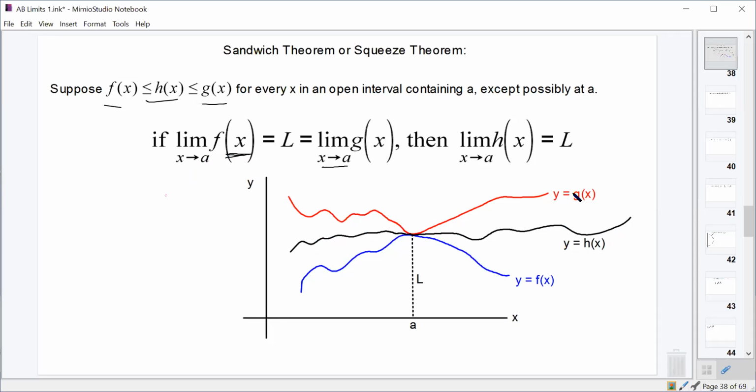Which I think should make sense, because if f and g have the same limit at some number, h certainly couldn't be above that, and it certainly couldn't be below that. It would have to be sandwiched right in between and have that same exact value for the limit. Does that make sense? Anybody have any questions or concerns about that?